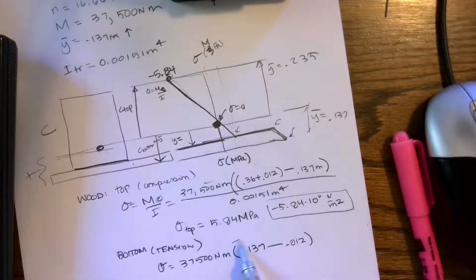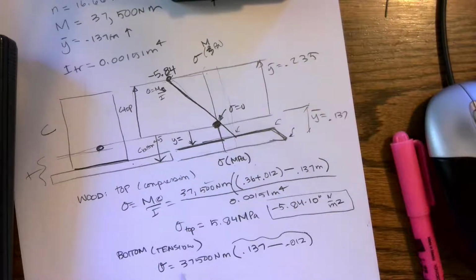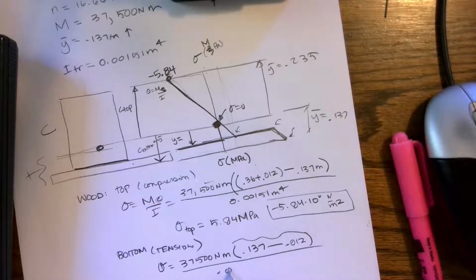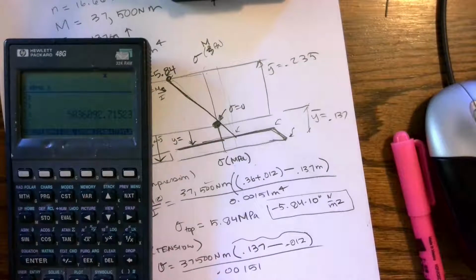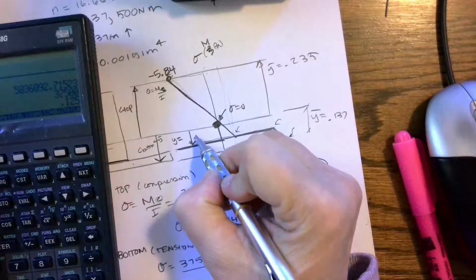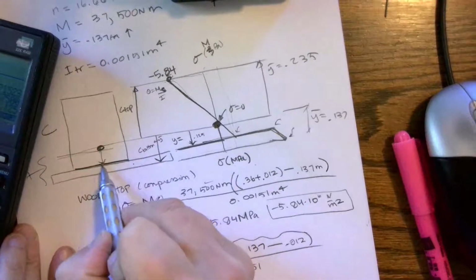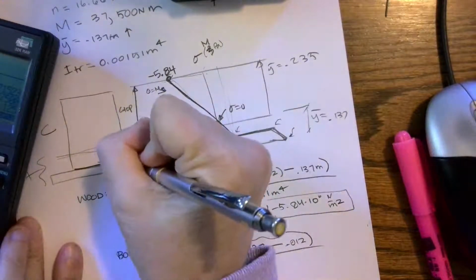So this distance right here is from the centroid to that interface. Okay, and then we're going to divide by the same moment of inertia. So I get 37,500 times (0.137 minus 0.012), so it's 0.125 meters from the centroid to the transition.